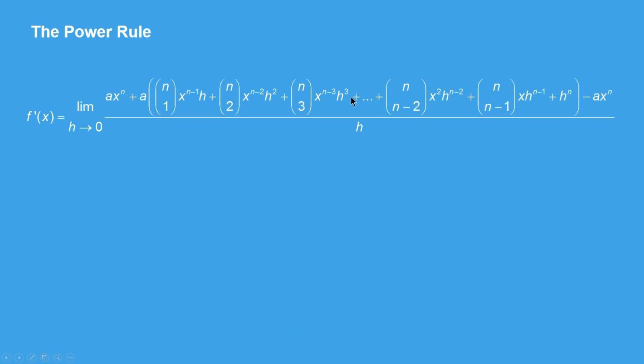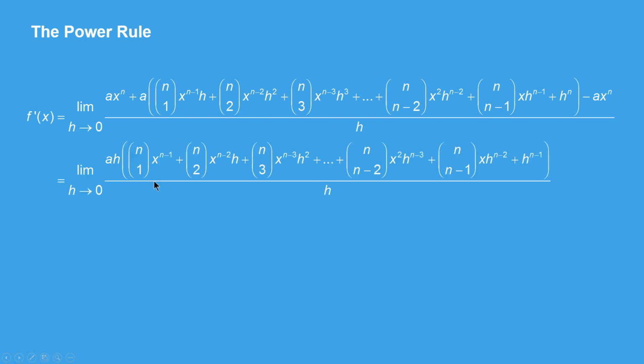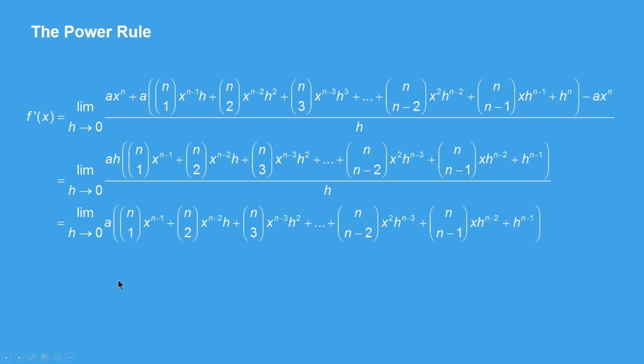And everything else in here has got an h involved with it. So I can take my h outside the bracket and it cancels out. And what we're left with, again, everything in here except this very first term has got an h. So these all disappear. And we're just left with that.